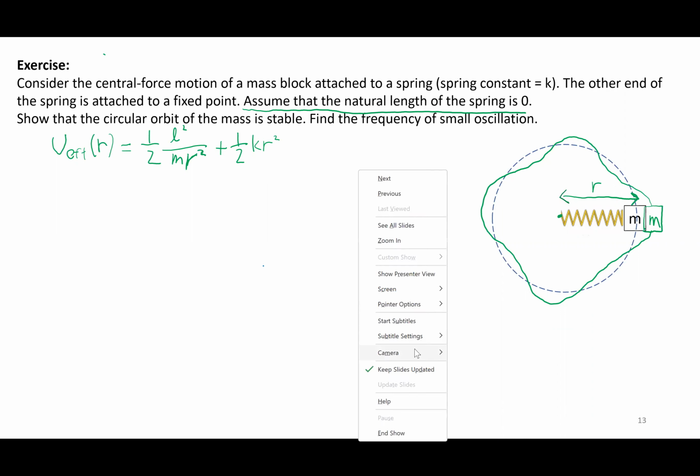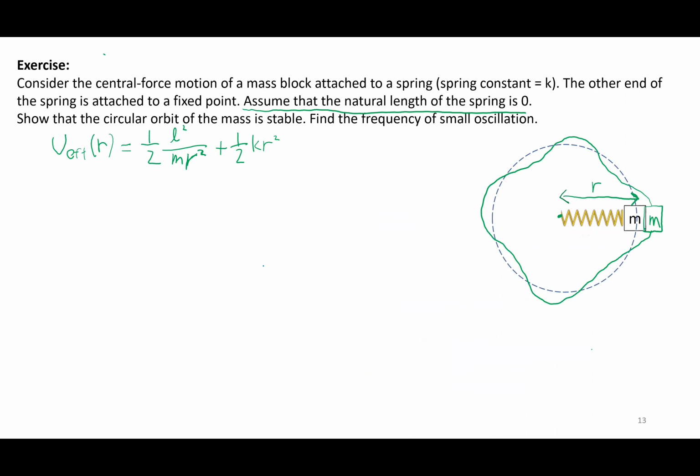So what's the next step? The next step, of course, is to take the derivatives. This U prime is given by this one. For circular orbits, first of all, we want to have the point where U prime is 0.